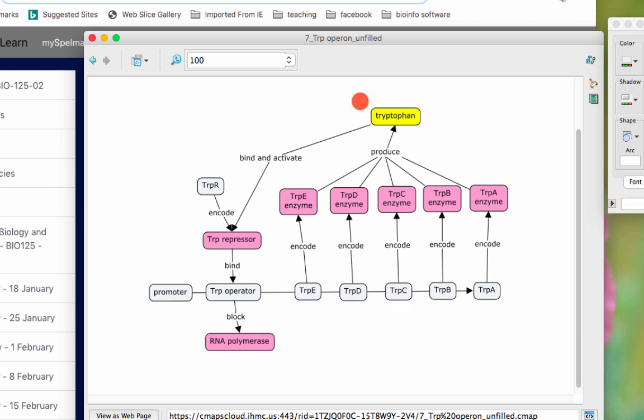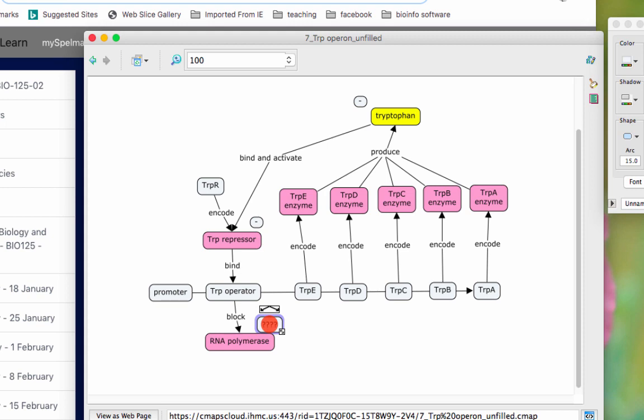On the other side, if tryptophan is not available, this means E. coli will have to produce its own. So when tryptophan is not present, it won't be able to activate the trp repressor. So the trp repressor is not activated, which means it cannot bind the operator, and it cannot block the RNA polymerase.